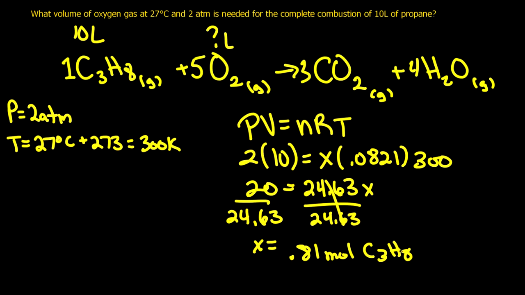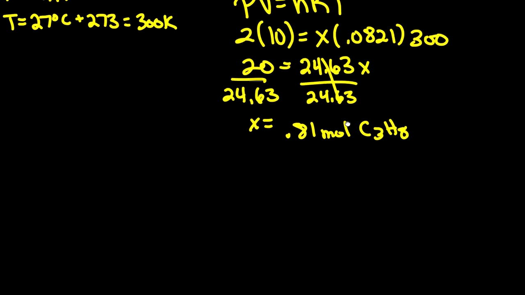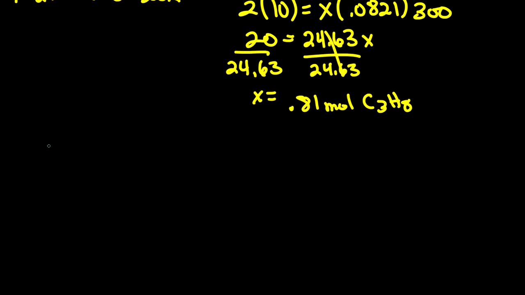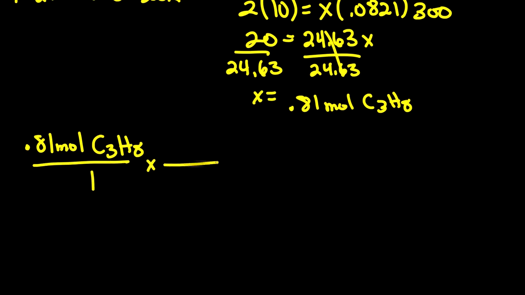Now that's not our answer, that's just one of our steps. So now we got to take moles of propane and convert it to moles of oxygen. So let's set that up. If I got 0.81 moles of propane, put that over 1, I change it to moles of oxygen. So moles of propane go on bottom, moles of oxygen go on top.